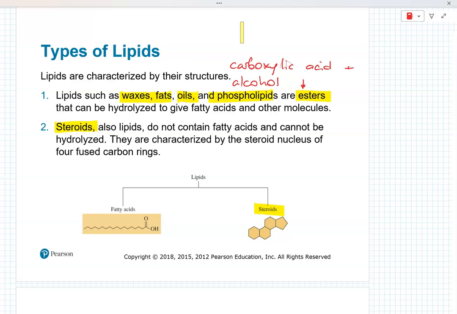So if you look at a carboxylic acid plus alcohol formation, if you look at the ester, we were talking about this, you can break down an ester either by acid, converting the ester to the carboxylic acid and an alcohol, or by a base in the process of saponification, in which you will produce a salt of a carboxylic acid and an alcohol.